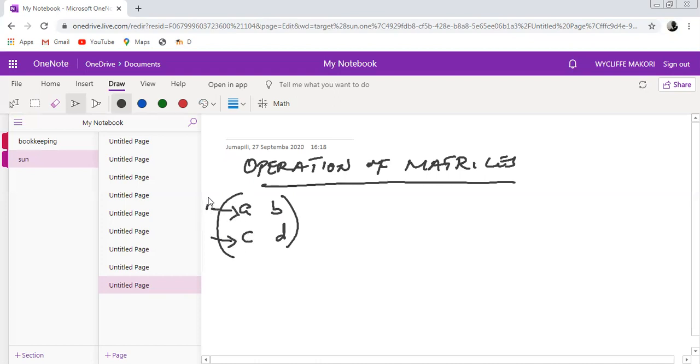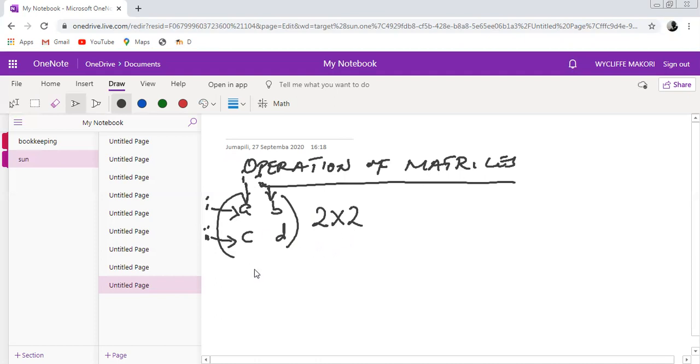So we have row 1 and row 2, and we have the columns here, column 1 and column 2. To know the order of the matrix, you start by counting the rows. Here we have row 1 and row 2, so this is a 2 by, you count the columns, 1, 2. So this is a 2 by 2 matrix.